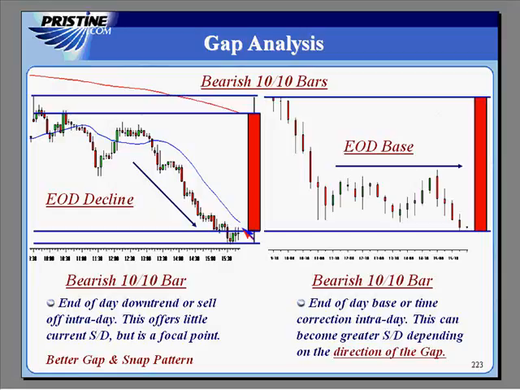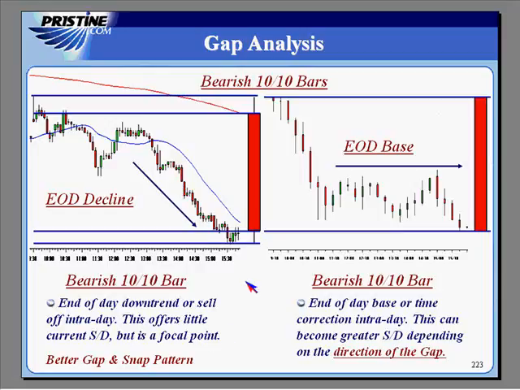So when we look inside the bar, if we're seeing a red bar, I want to see what happened toward the end of the day. Basically, I want to see where the significant support or resistance is, and then put that in the context of the gap.